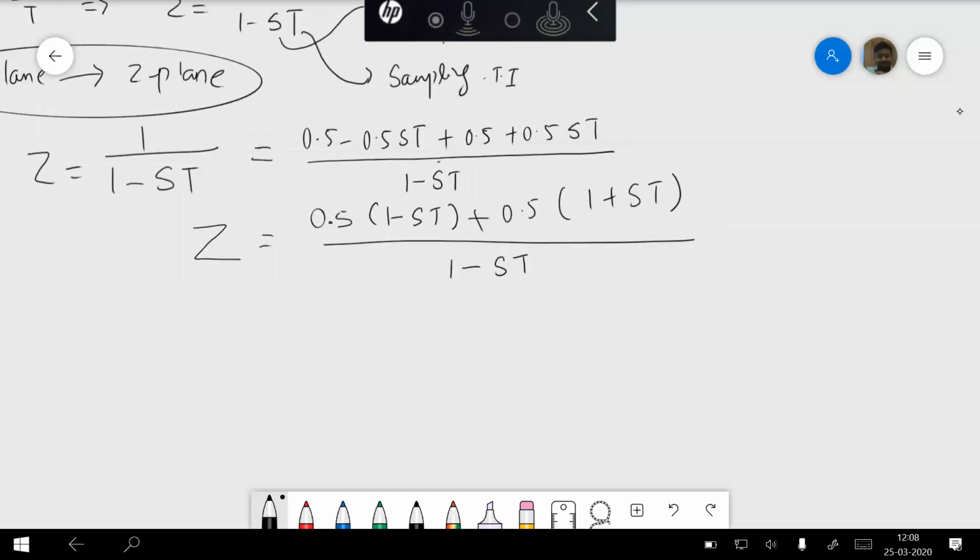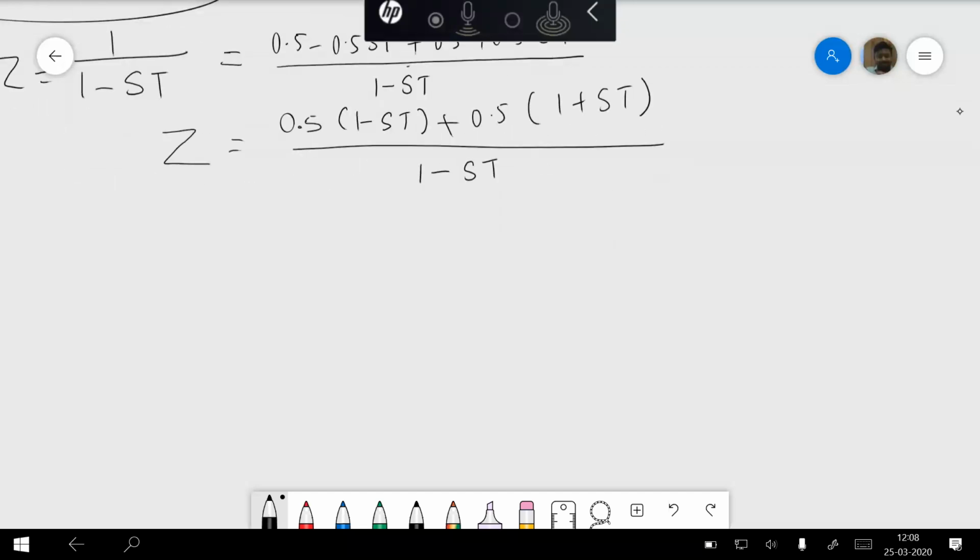So this is my Z. Now if I divide 1 minus sT into the numerator, what I am going to get is 0.5 plus 0.5 times 1 plus sT divided by 1 minus sT. Any doubt in this particular step?